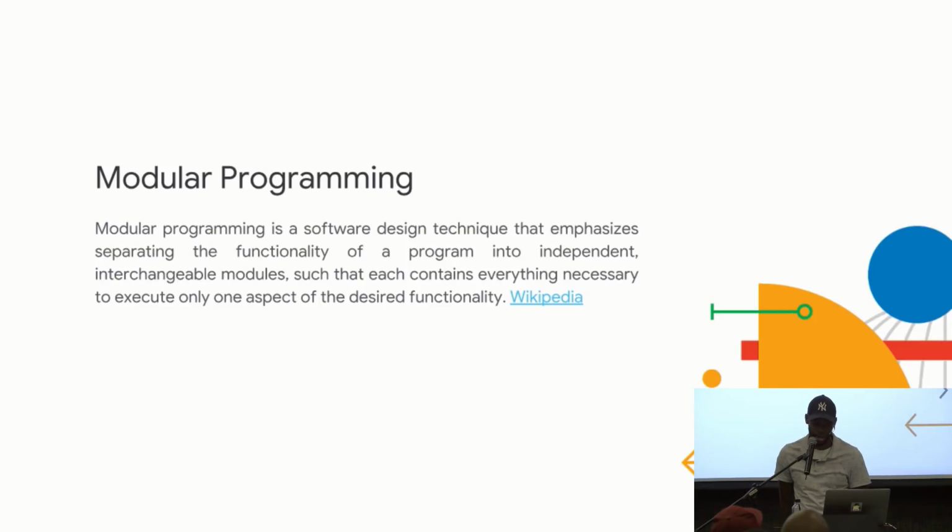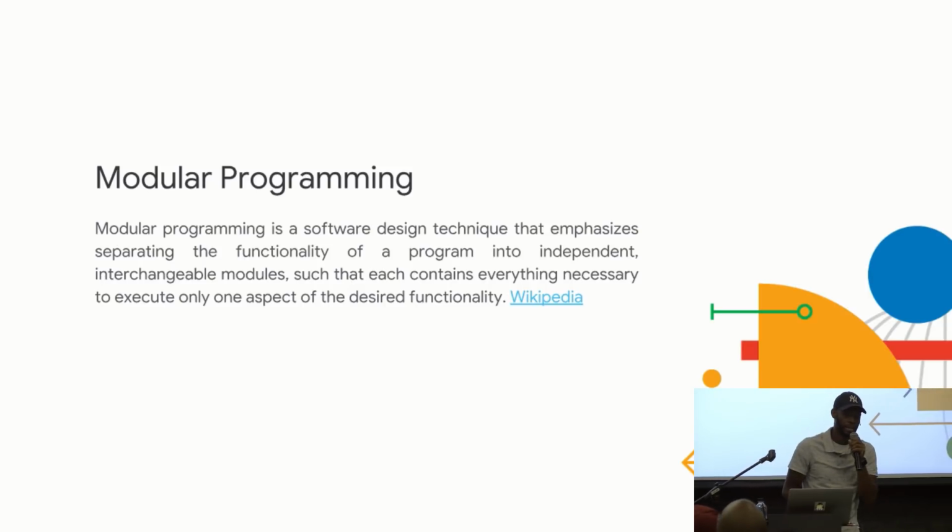According to Wikipedia, modular programming is a software design technique that puts emphasis on separating the functionality of a program into independent, interchangeable modules, such that each contains everything necessary to execute only one aspect of the desired functionality.